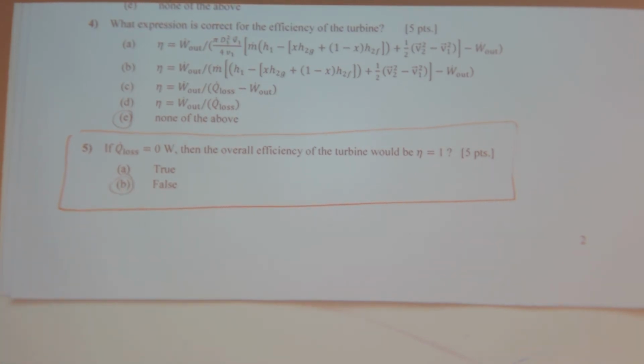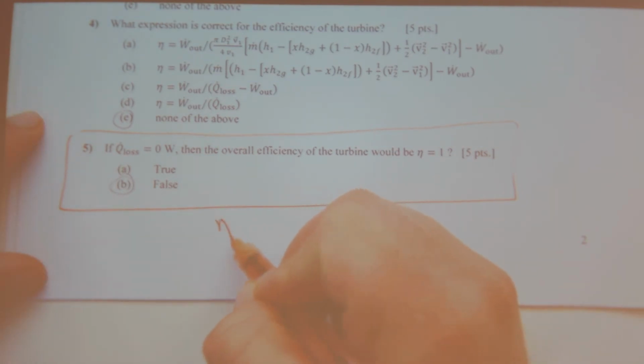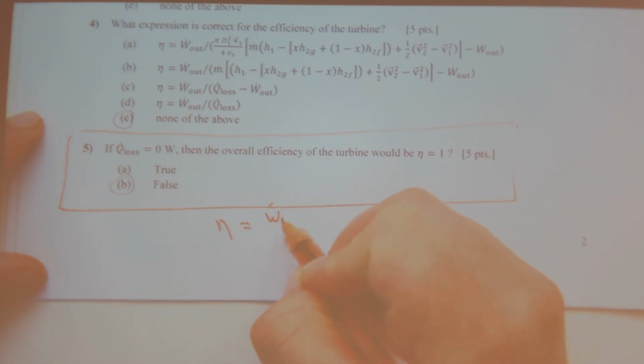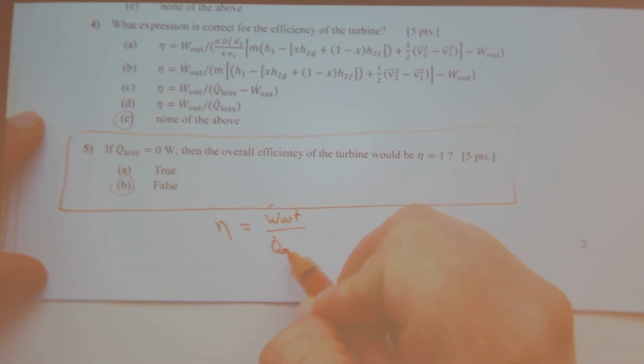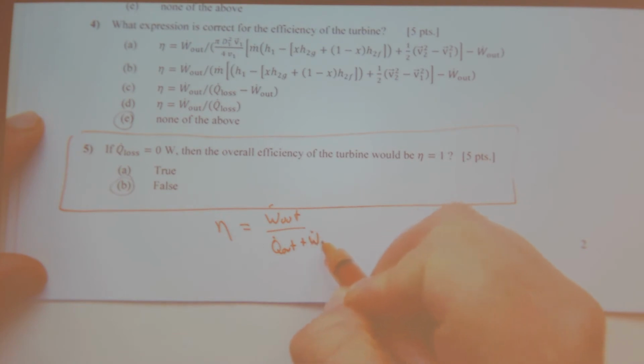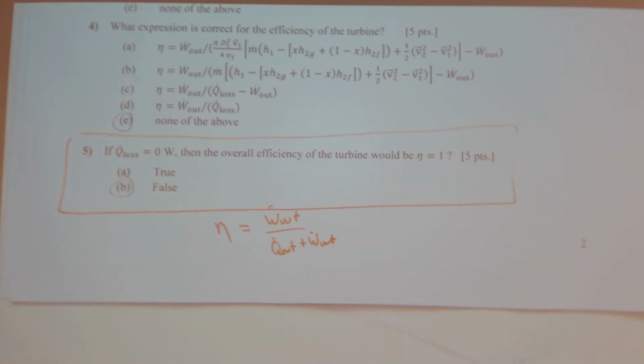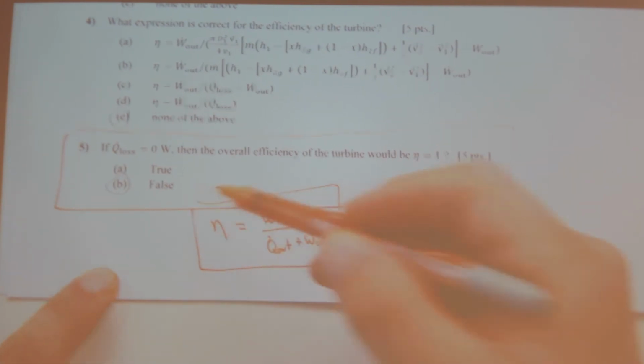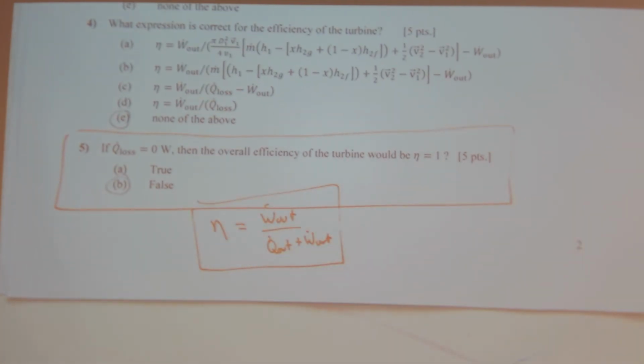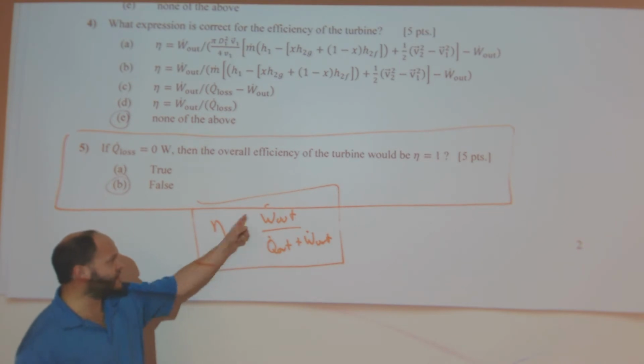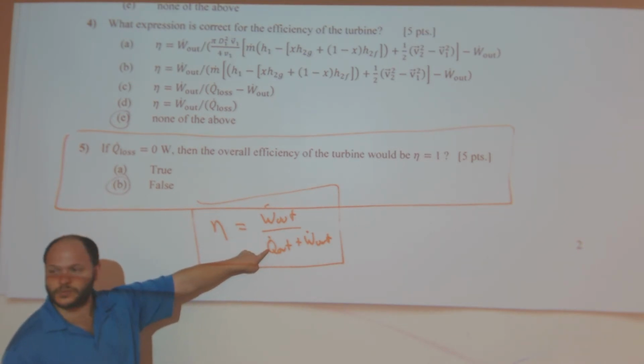So we had an expression for the efficiency of the turbine, and I'll write out what it was based off. It turned out that the efficiency was work dot out over Q dot out plus work dot out, a simplified way of looking at it. I could write out the full expressions, but this is what it would simplify down to.